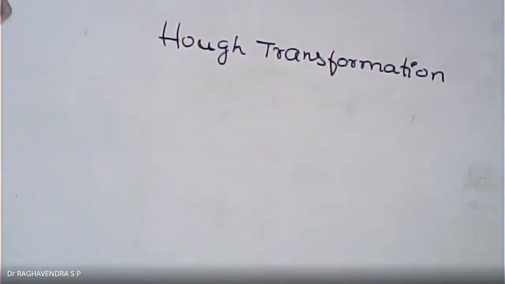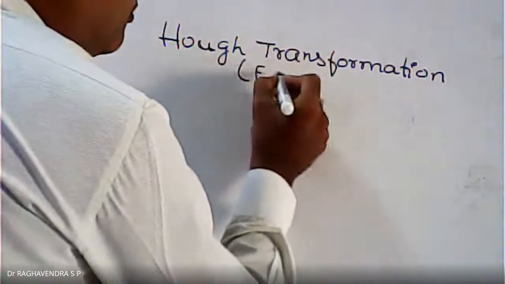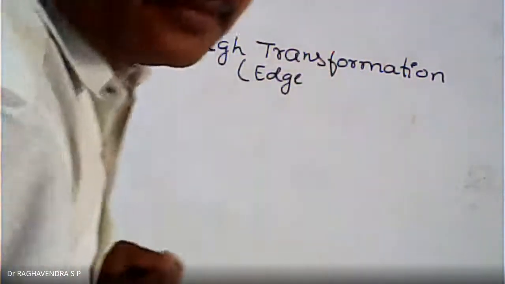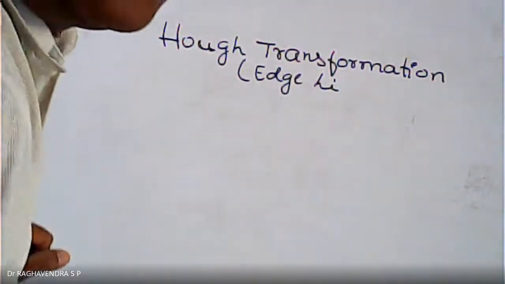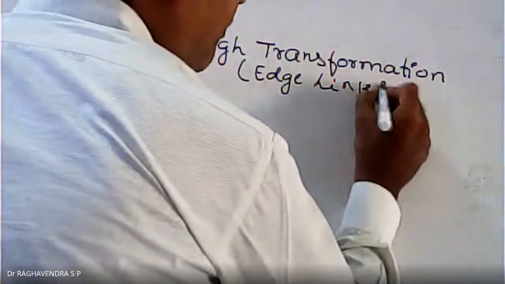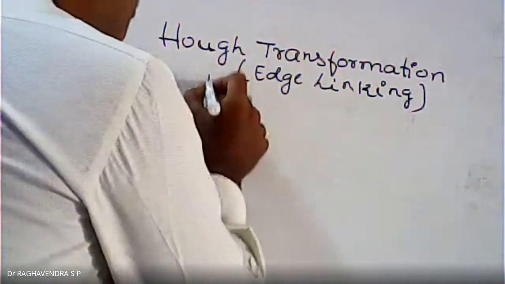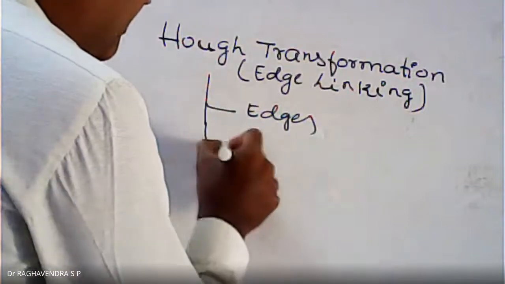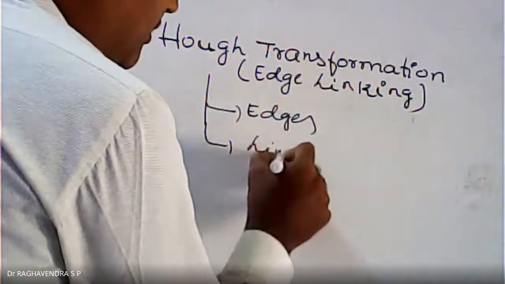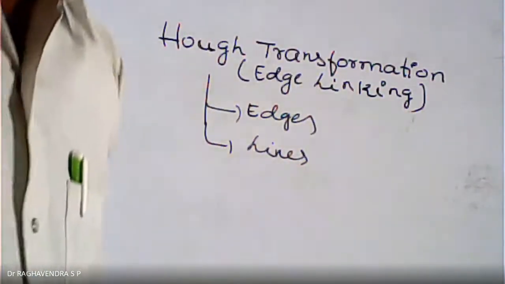These are the few concepts we are going to discuss. Basically Hough transformation is also called edge linking. Hough transformations are used in order to detect the edges, as well as to detect lines, straight lines. These are the main applications of Hough transformation.